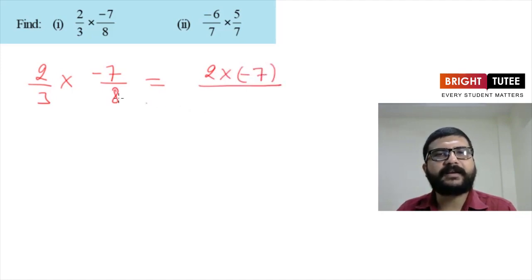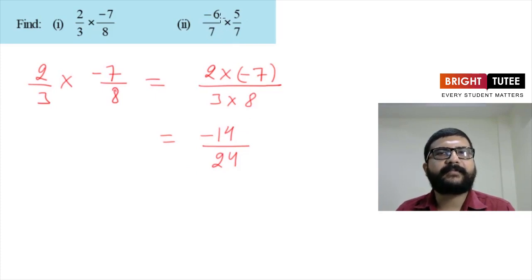And what will be the denominator? It is denominator multiplied with denominator, that is 3 into 8. So 2 into minus 7 will give us minus 14 upon 3 into 8, that is 24. So the answer is minus 14 upon 24.